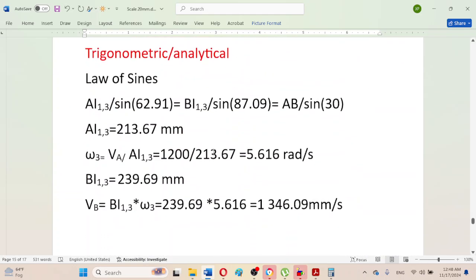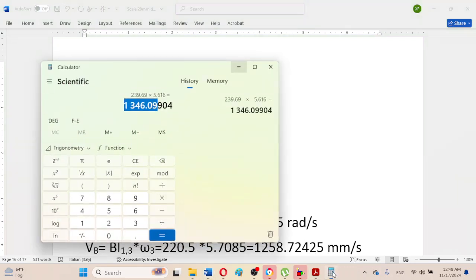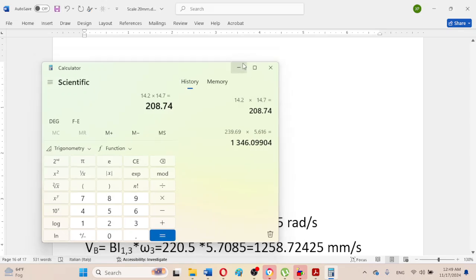In this way I can mention here that according to the scale it is 14.2 centimeter, and as per the scale which is equal to 14.7 millimeter, that is equal to 14.2 multiplied by 14.7, so this is approximately 208.74.